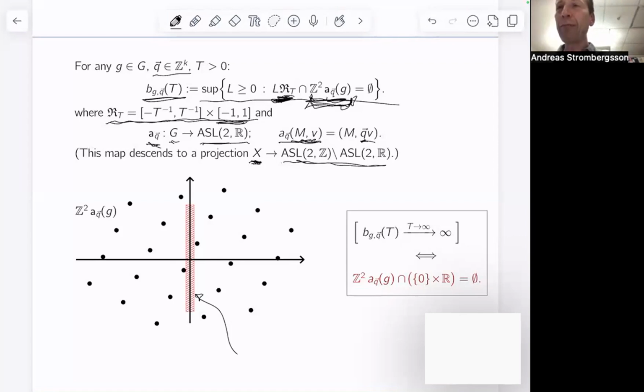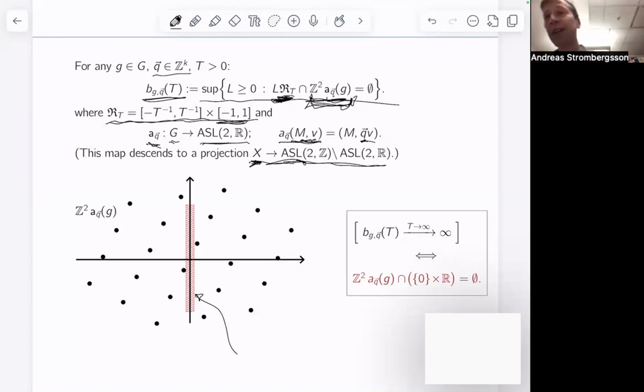And this projection map is very natural. Remember, X is the space of flat 2-dimensional tori with a marked horizontal direction together with a k-tuple of points. Then if you have a k-tuple of points in the torus, you can form any integer linear combinations of those points.